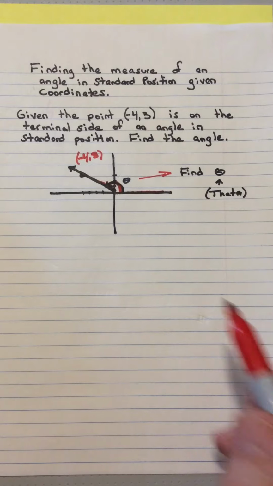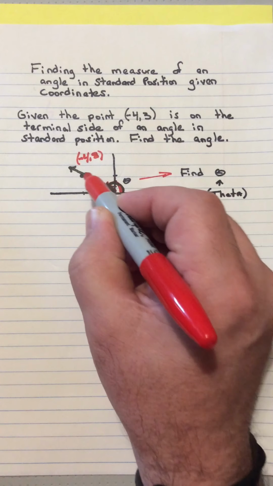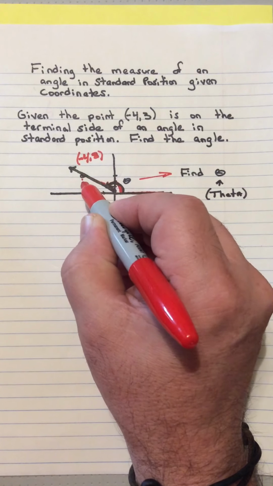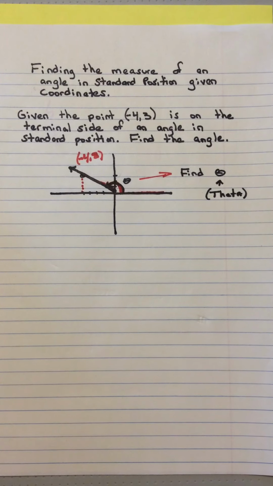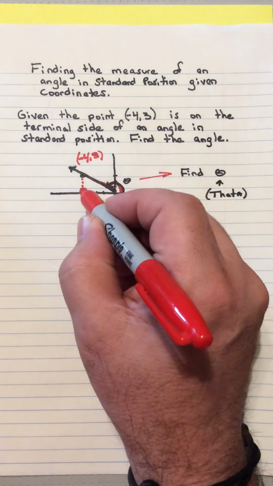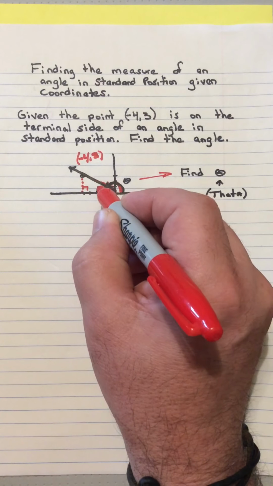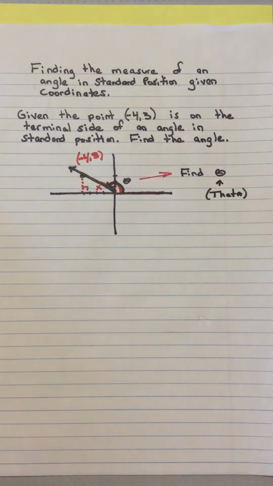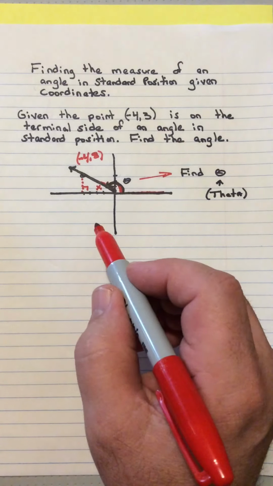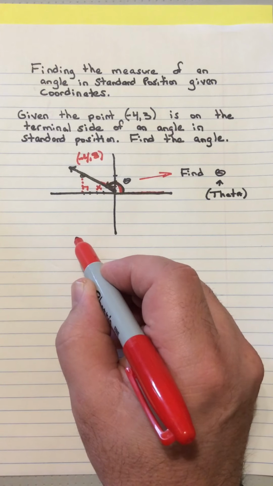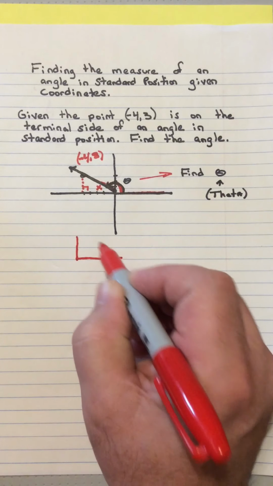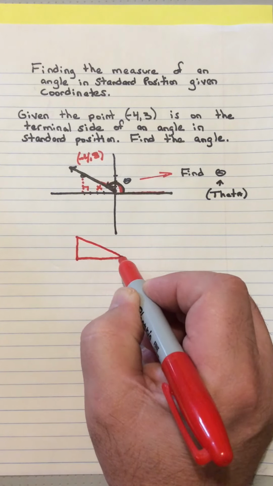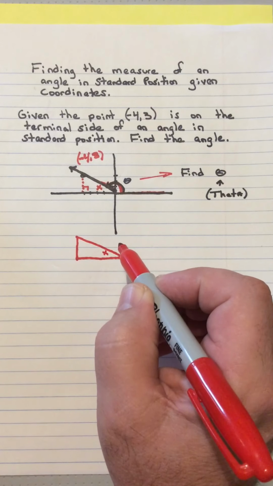So what I'm going to do is make a triangle with the x-axis. And when I did that, I made a right triangle. I'm going to call that angle right there x. So if I bring this down, the triangle that I just created, there's my x.